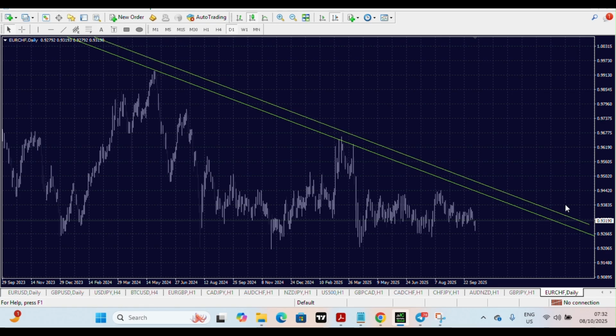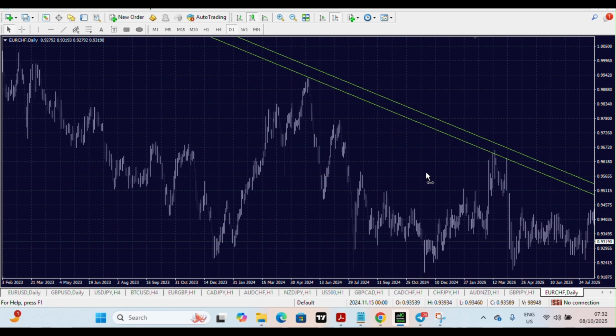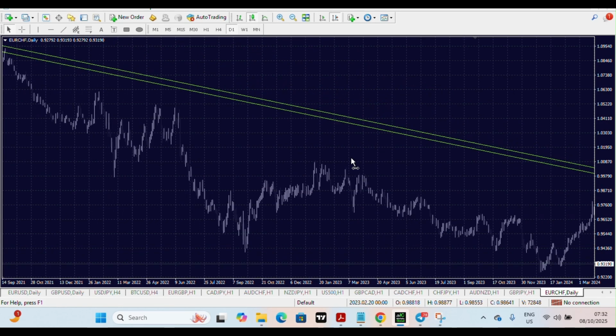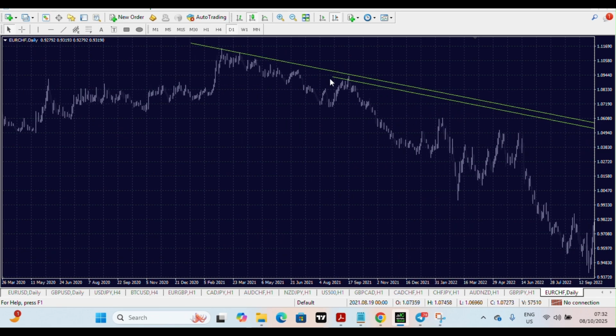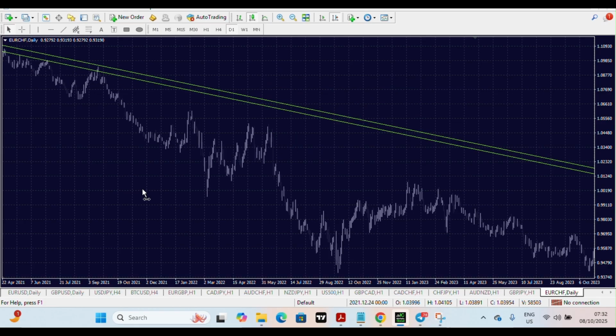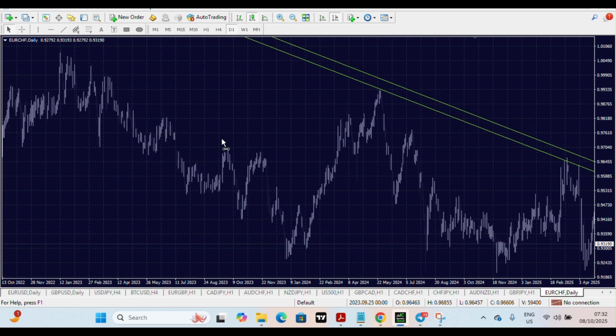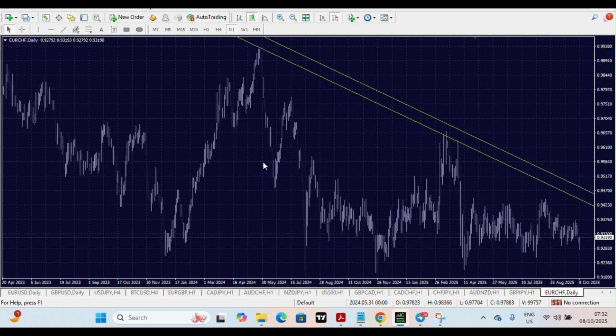All right, so now what that means is that we've created a resistance zone for this instrument. So you can see that on this trend line resistance zone, price is moving around this structure level of the trend line. So this is where we are.